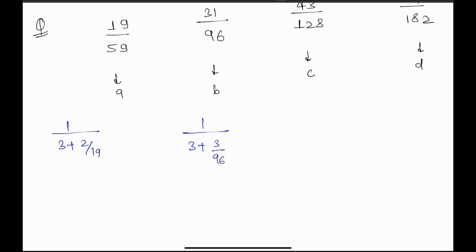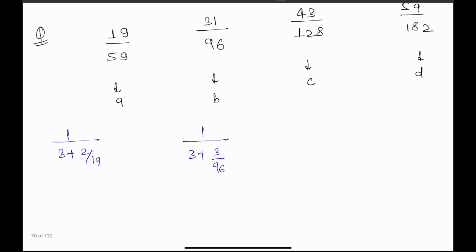And 43 by 128, how can I rewrite it? Here we can find a difference. Here it will be 1 by 3 minus 1 by 43. Why? Because 43 into 3 is 129, and here it is 128. So minus 1 by it.